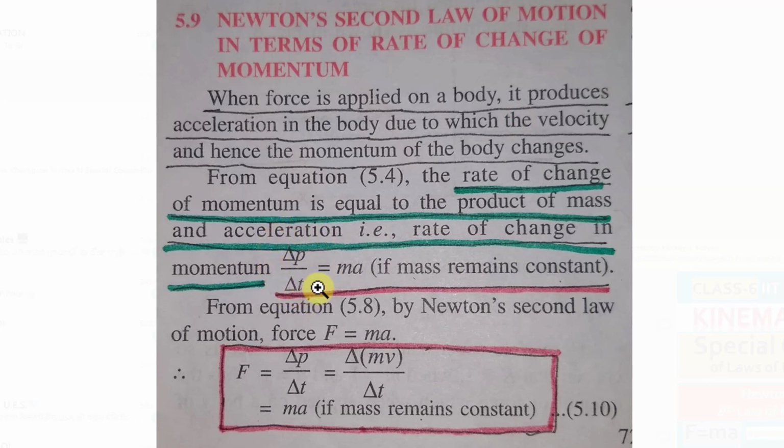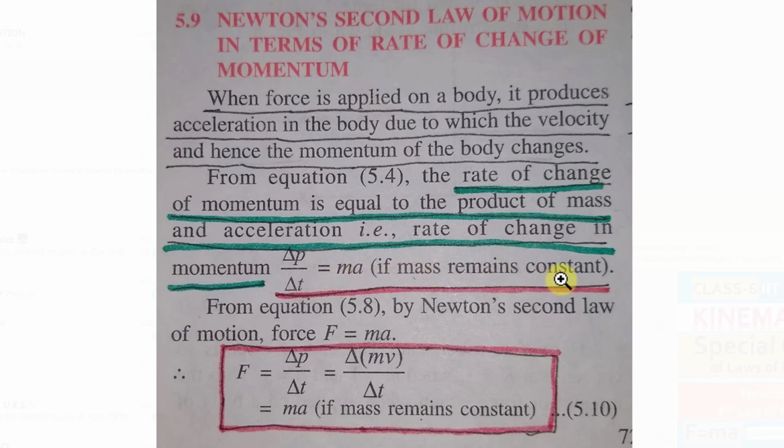So this delta P by delta T is what? Rate of change of momentum. So rate of change of momentum is equal to what? Mass into acceleration. Already we derived this in the last class. Rate of change of momentum is equal to mass into acceleration.